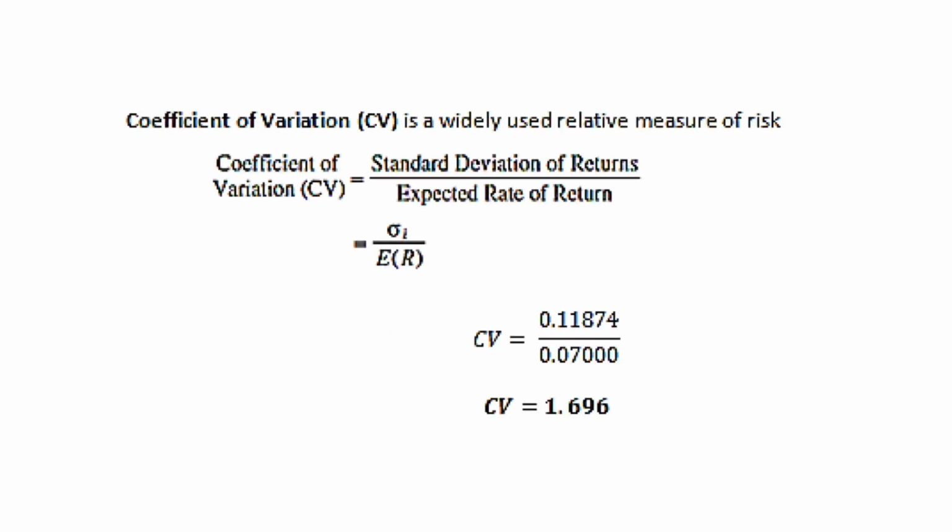Now we get the coefficient of variation, where the answers we derived for standard deviation and expected rates of return are now used. In finance, the coefficient of variation allows investors to determine how much volatility or risk is assumed in comparison to the amount of return expected from investments.